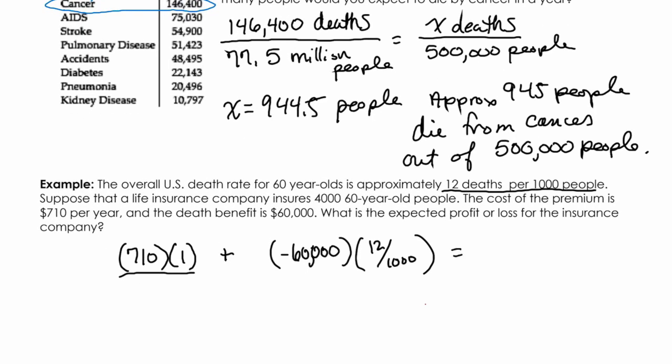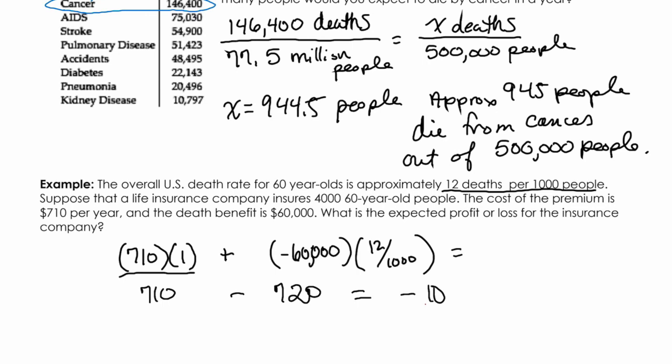When we calculate this, it gives me, of course, a product of 710, and when I calculate negative 60,000 times 12 out of 1,000, that's going to give me a negative 720. So what's going to happen is there's going to be a $10 loss on average when they sell a $710 policy.